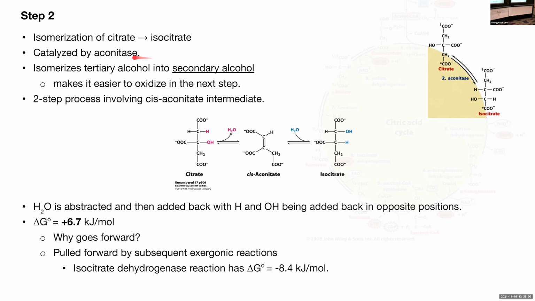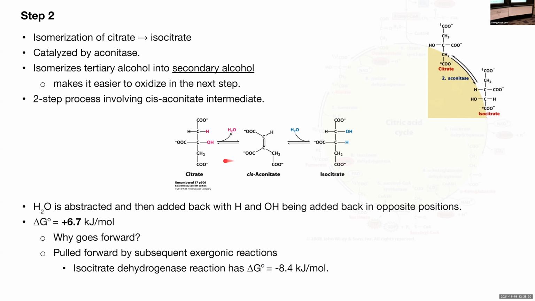So that's a tertiary alcohol, but it changes to a secondary alcohol, where the carbon that has the hydroxyl group has only 2 carbons. As you can see, the other one is just hydrogen. And that is important because that makes it easier to oxidize this isocitrate in the next step.